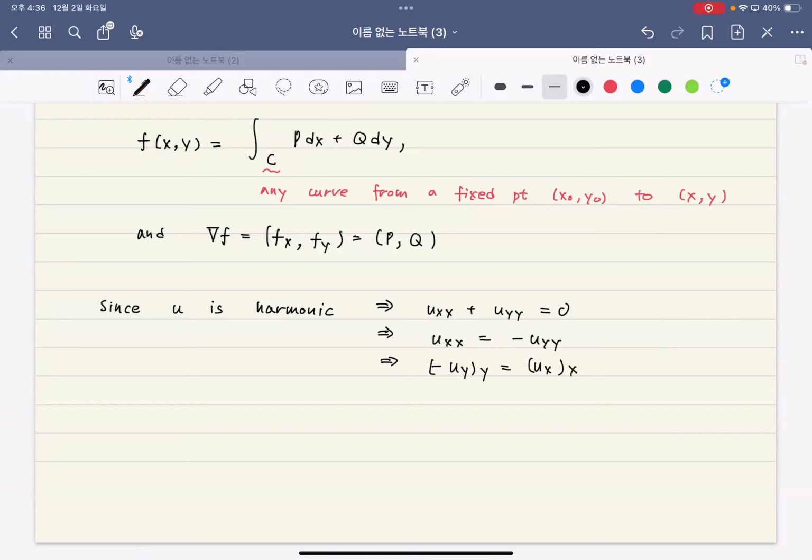Now I want to consider a vector field whose x component is minus uy, and whose y component is ux.